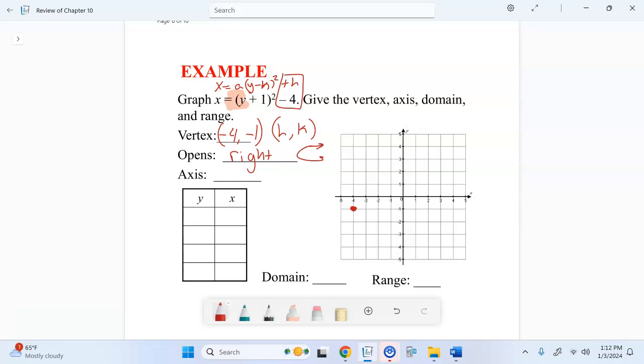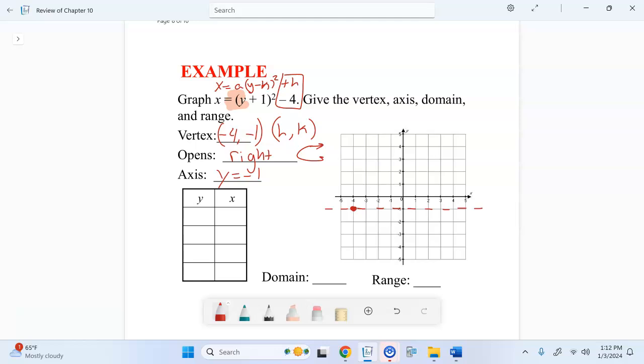Now we want to look at the axis of symmetry. It's going to be that horizontal line, y equals. Well, what line is our y equals going to be on? Negative 1. Use the vertex. Y equals negative 1. So we'll draw this imaginary line that goes straight through negative 1.